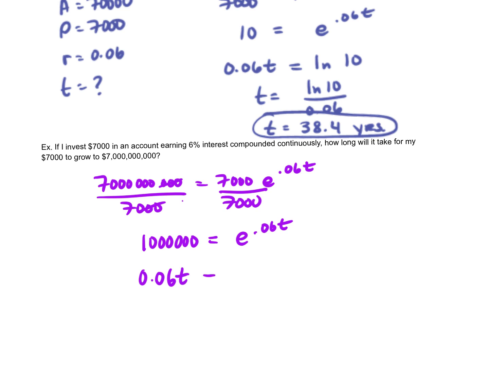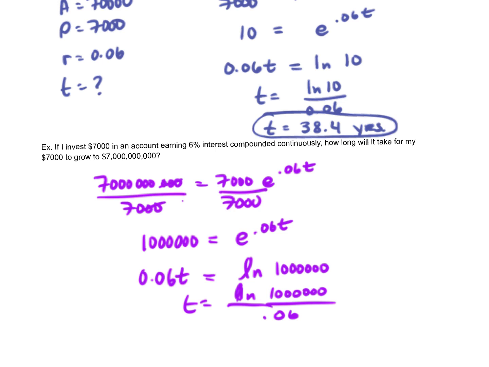So 0.06t equals natural log, so ln of 1 million. And so t is going to equal ln of 1 million over 0.06. Now, not surprisingly, this better take a while, so let me put this in my calculator.